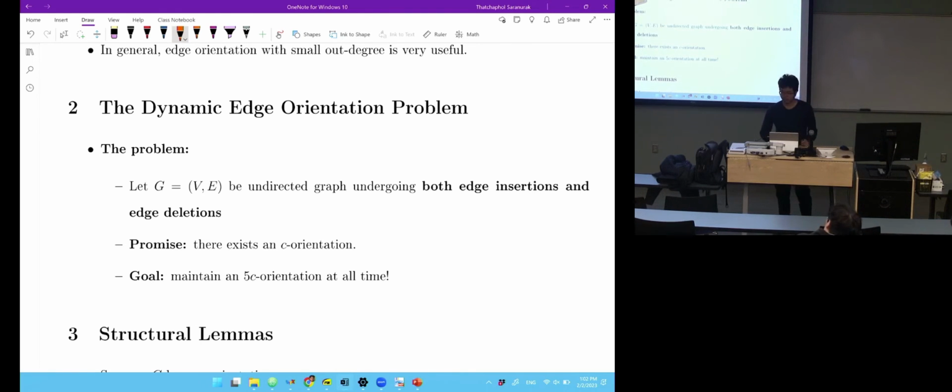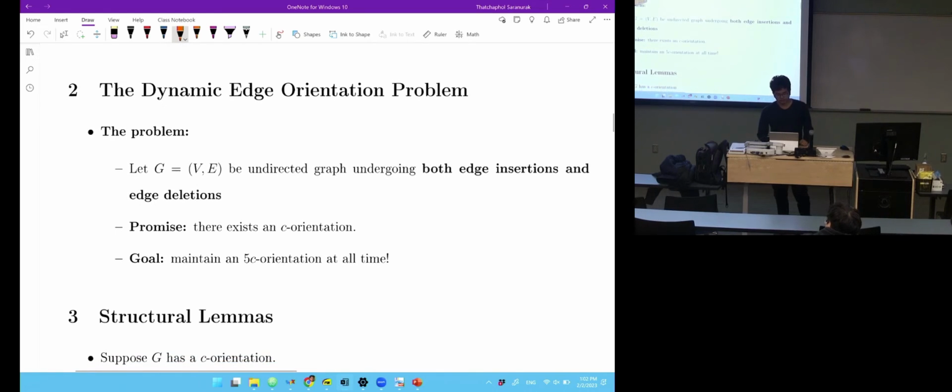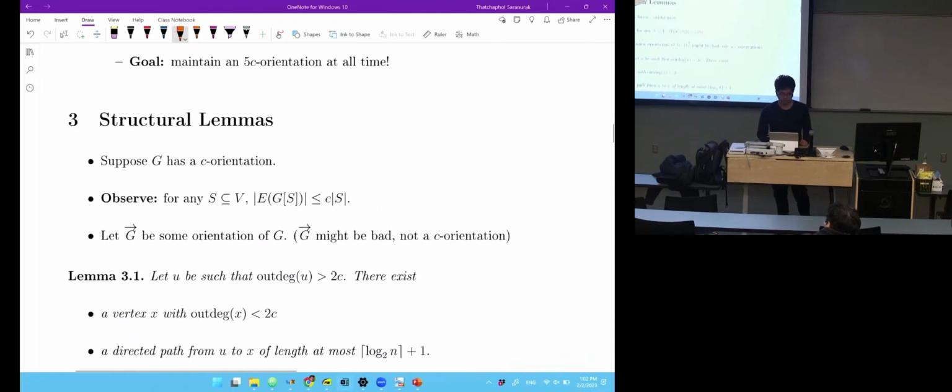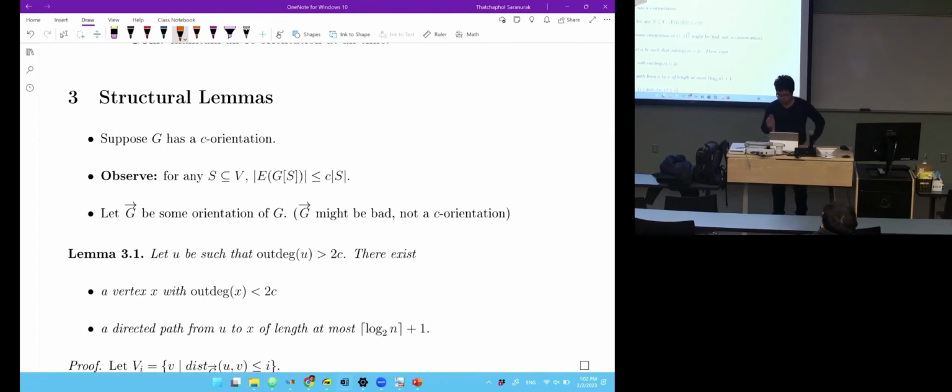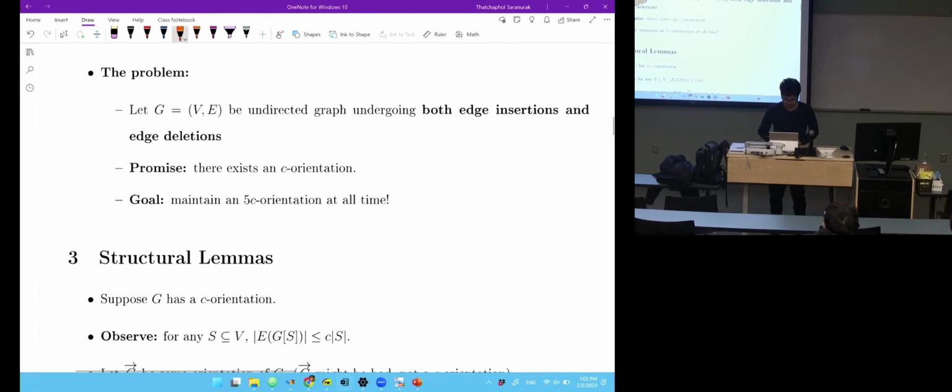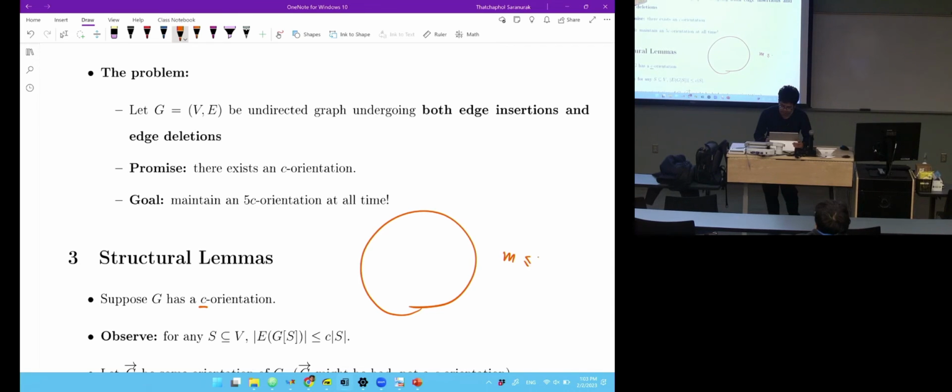That's the goal. So before I tell you the algorithm, let me give you some observations. The first thing is that if you have a graph and it has a C orientation, then first of all, the number of edges is at most nC.